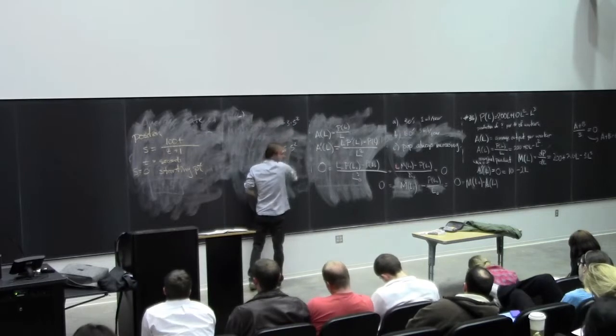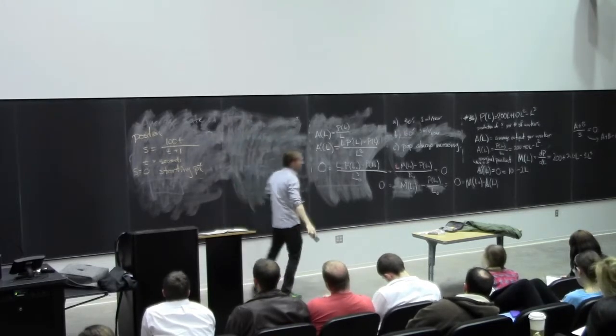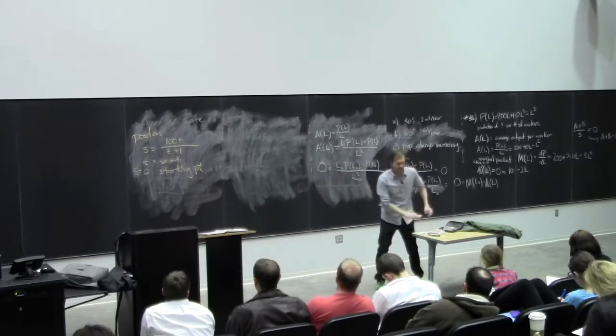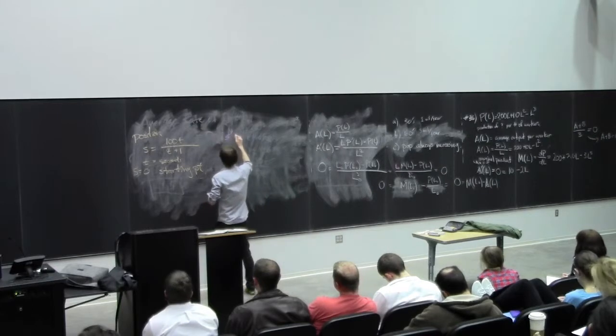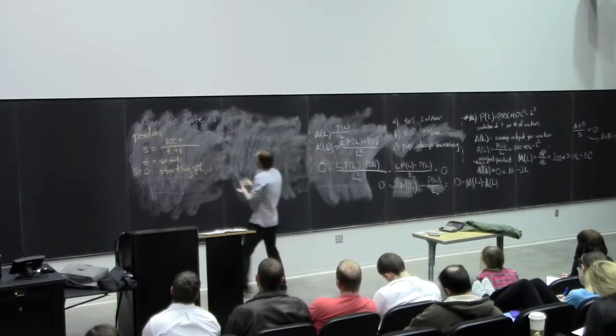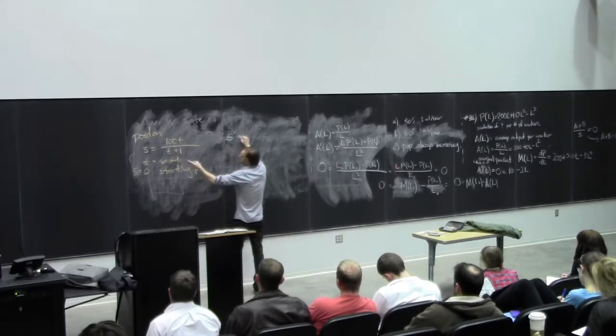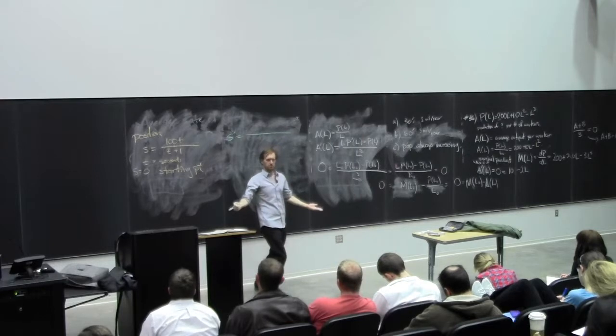What do I do? I compute the first derivative. I compute S prime. I compute the derivative of S with respect to t. So, you guys probably can't see that well enough. So S prime is equal to, oh my God, what do I have to do here? Quotient rule.